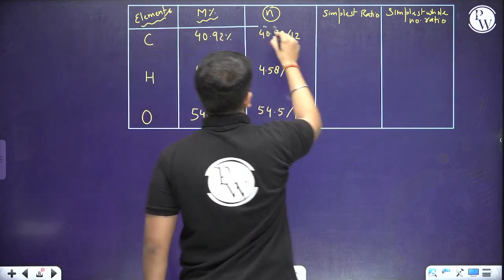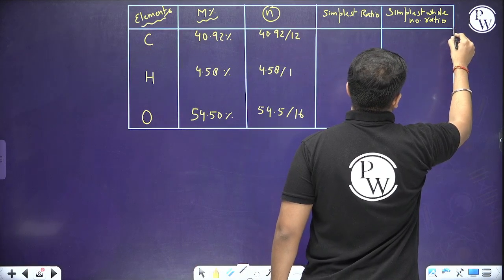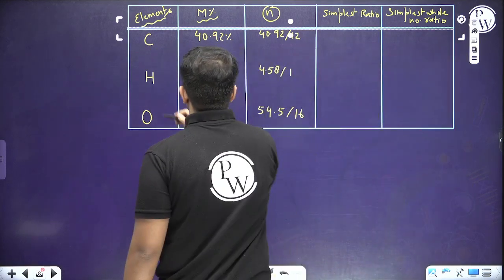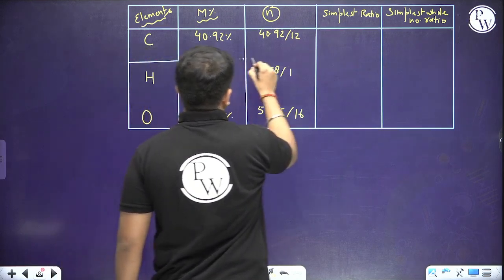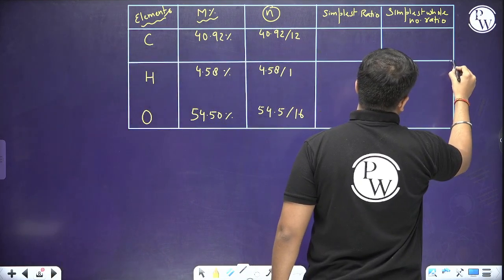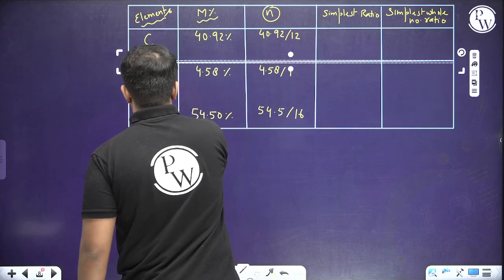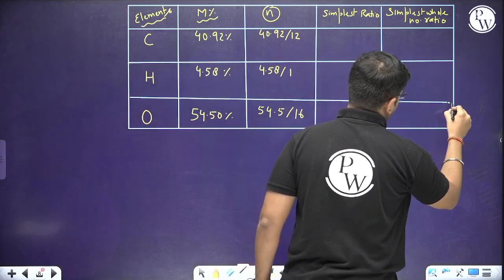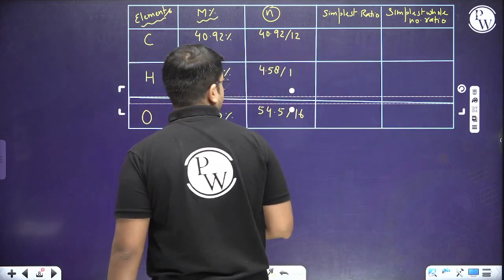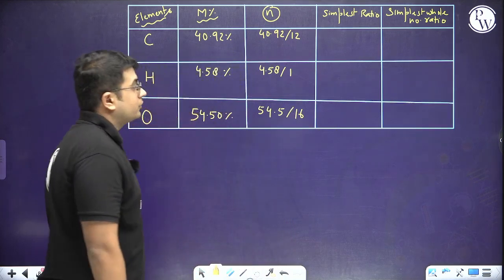I'm just trying to make a proper table for you guys. Meanwhile, you can solve this entire part and let me know the final value.